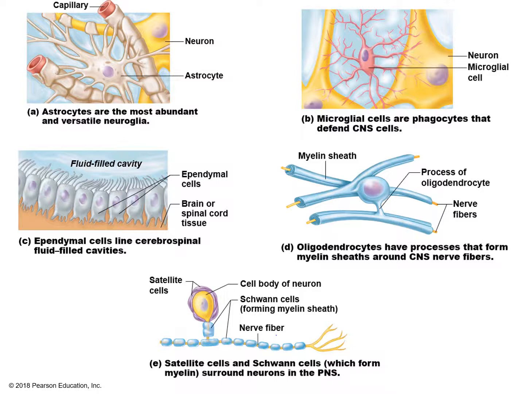We have oligodendrocytes, which are found in the CNS. These are going to form the myelin sheaths around nerve fibers within the CNS. Primary purpose of that is going to be to increase conduction velocity of the nervous impulse.